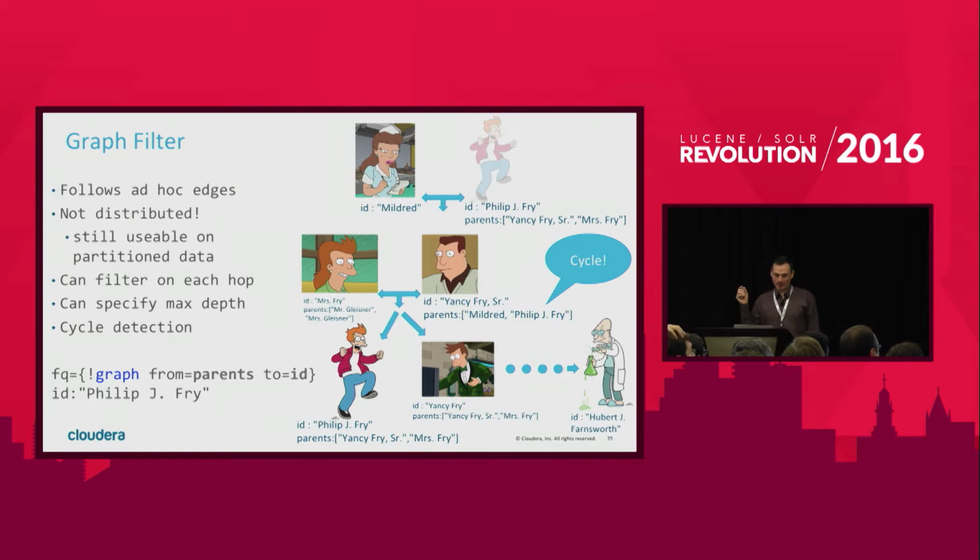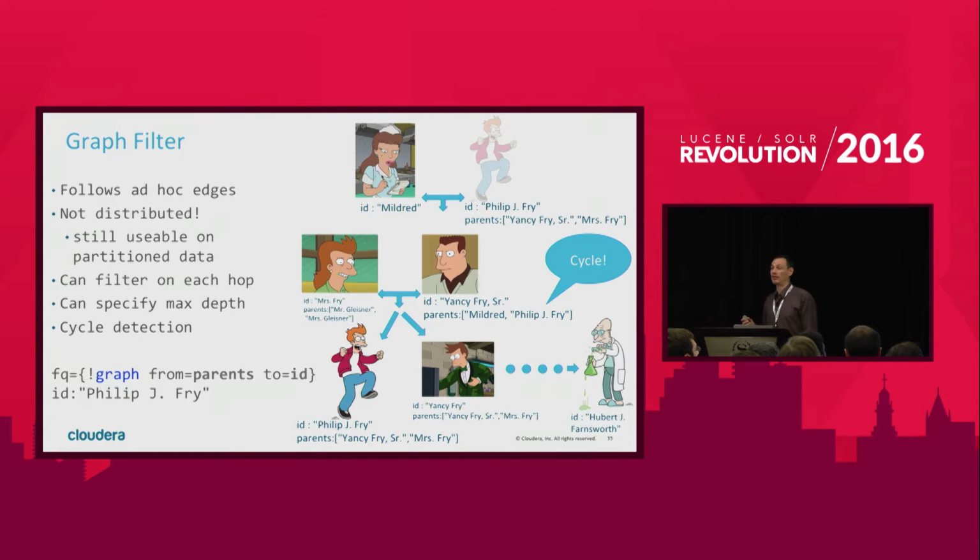What this graph filter will do is select all of Fry's ancestors. So we start with Fry. We look at his parents field, and it says Yancey Fry Sr. and Mrs. Fry. We match those values with the ID field, and that matches two more documents, and we just iterate from there. If anybody's a Futurama fan, notice that we run into what could be a problem pretty quickly.